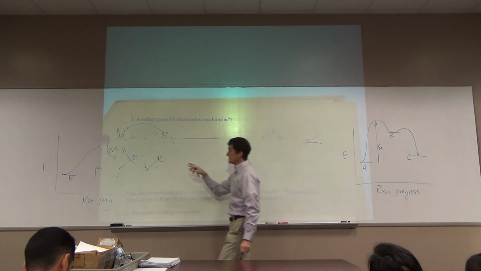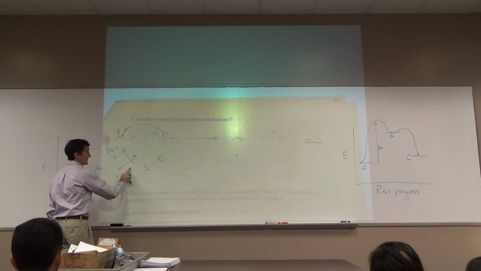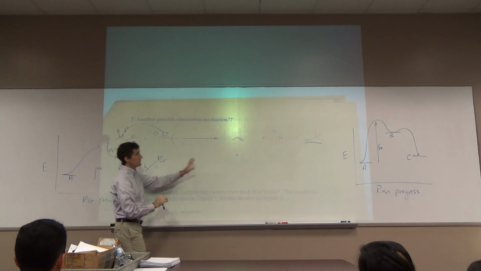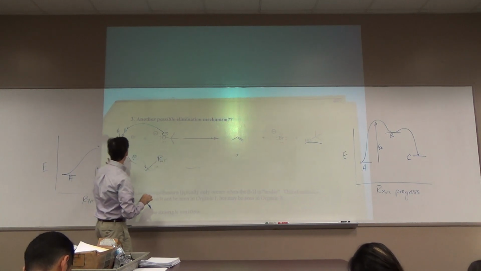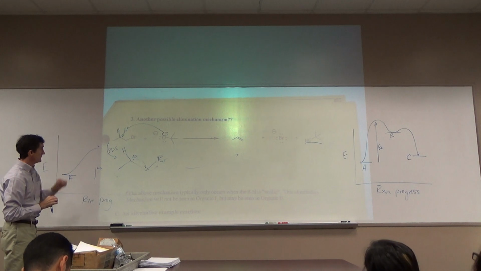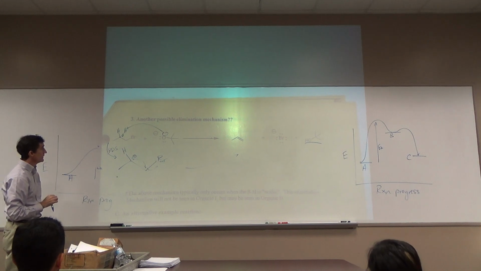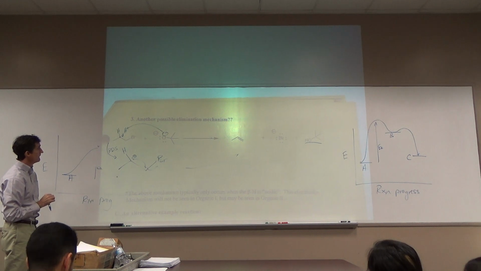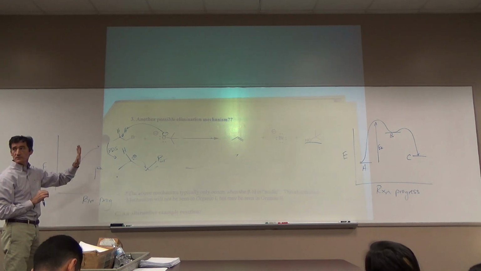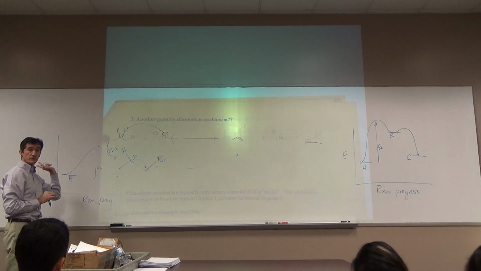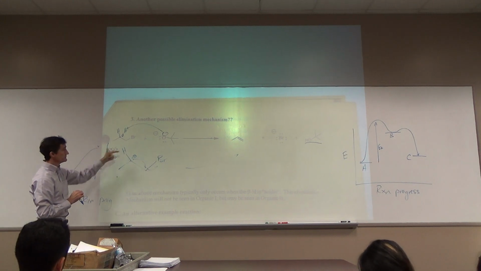The high energy ion here is the anion. Then we fall down here when we make the neutral alkene. So this is a third possible mechanism. We did not do this in the previous two. We made an anion.